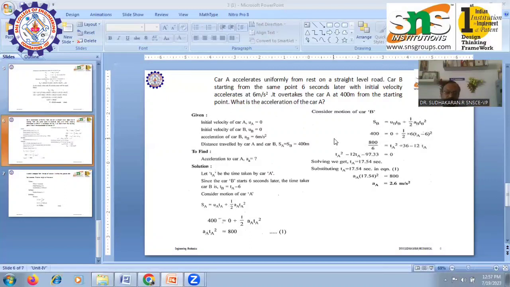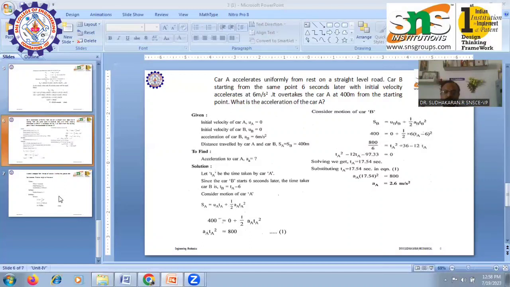meter per second square. So the acceleration of A is found as 2.6 meters per second square. Now if you want to find the time taken by B, it is nothing but TA minus 6.